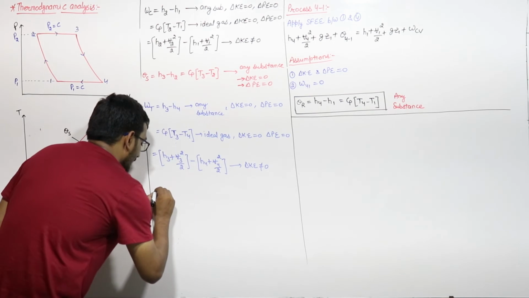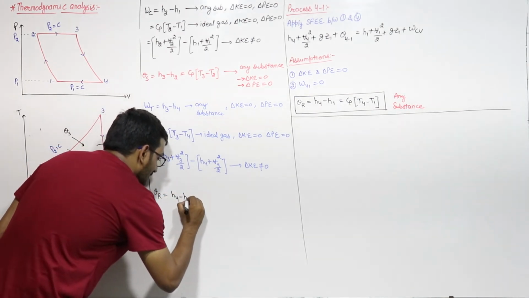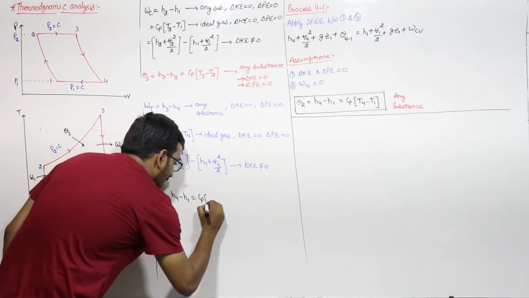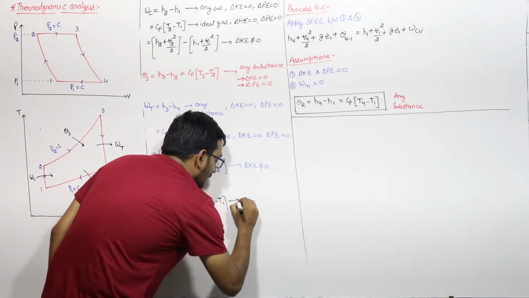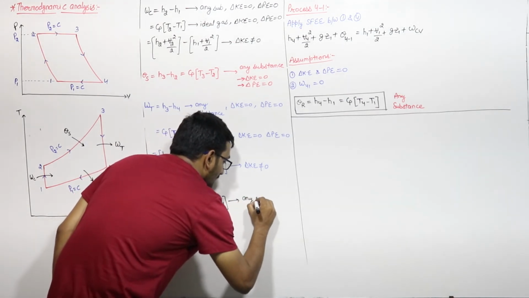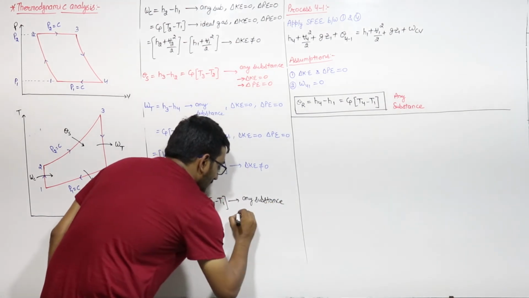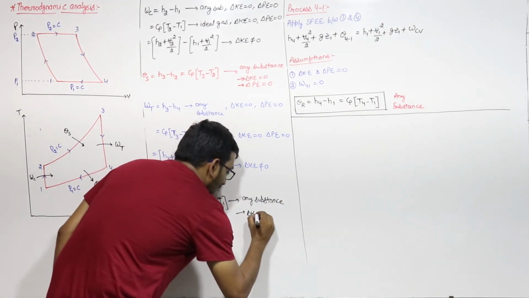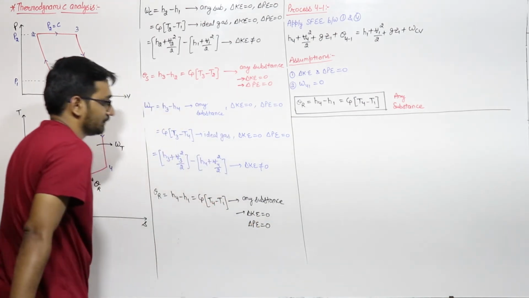Similarly, heat rejected will be equal to H4 minus H1, and this can be written as Cp into T4 minus T1. You can write this for any substance, whether for an ideal gas or not, because it is a constant pressure process, changes in kinetic energy 0, changes in potential energy 0.